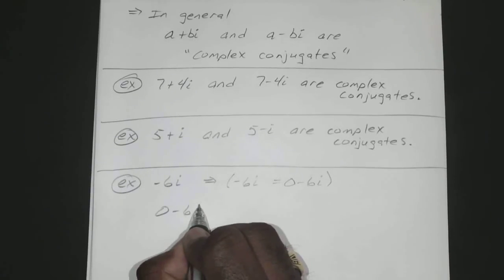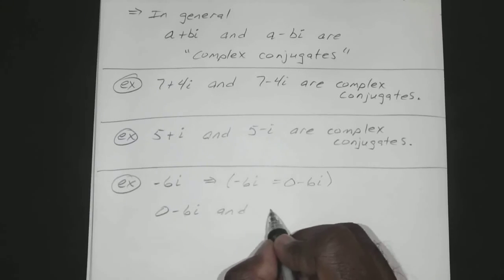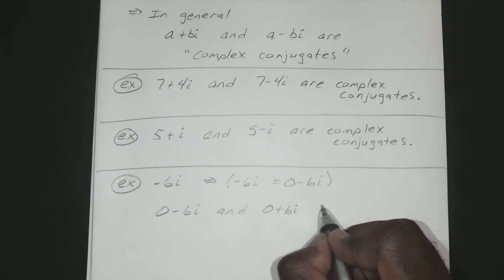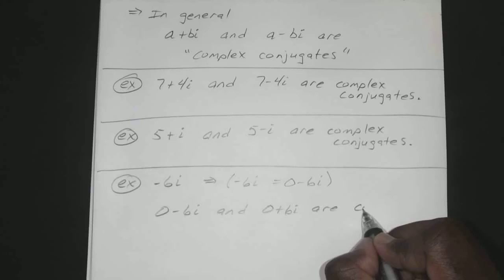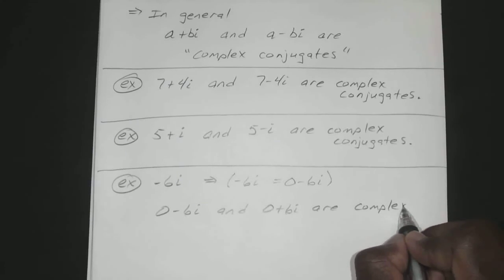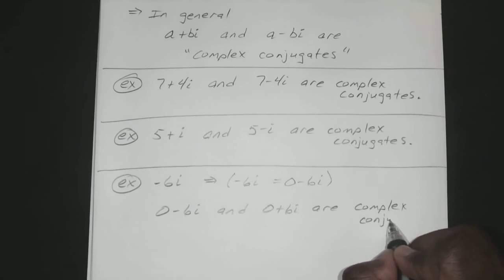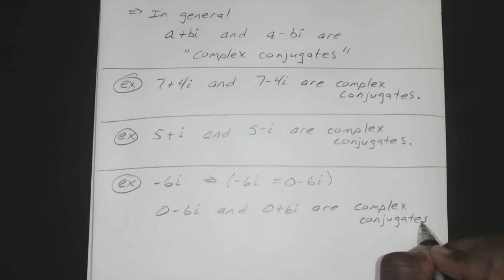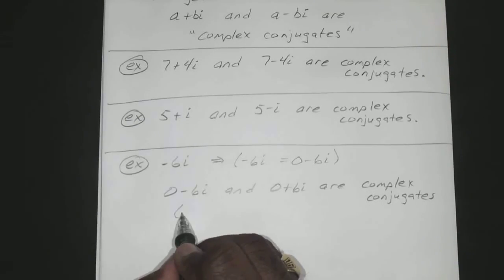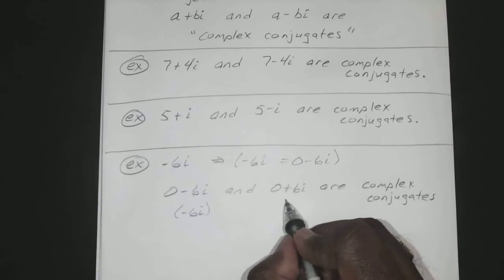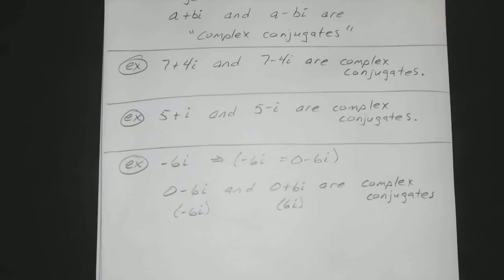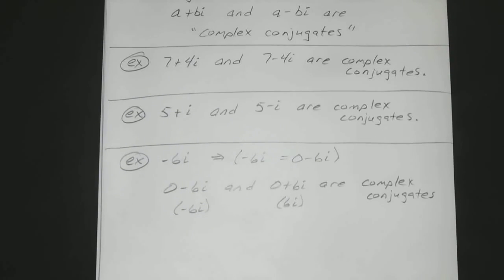So negative 6i and 6i. So the sign only changes for the imaginary value.